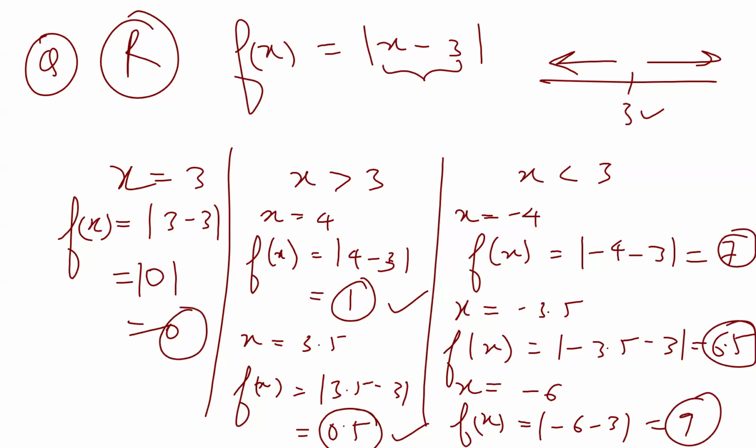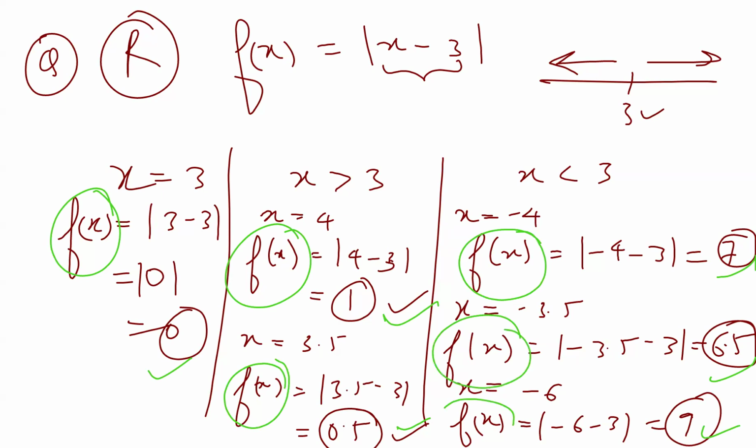So all these real values are positive. Observe 1, 0.5, 7, 6.5, 9. These are positive reals, and 0 we are getting. So we are not getting negative reals. So the answer, we are targeting f of x over here because we need to find the range, and range is y is f of x.